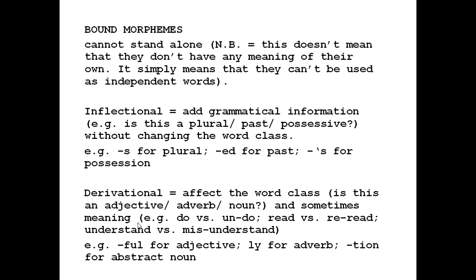Oh, sorry, I forgot to show you this. Yeah, but I'm pretty sure you'd already thought of this. For derivational, as I said, there are some derivational morphemes that do not only affect the meaning, but I mean they affect the word class.